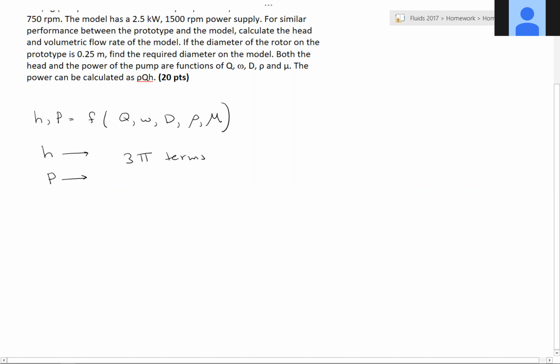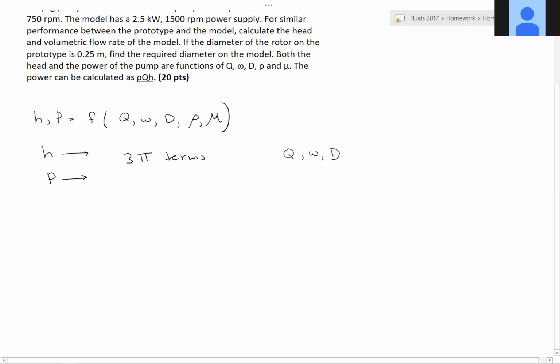You know what it is that you're looking for. So you know that your pi terms have to have Q in it, and omega in it, and diameter in it.